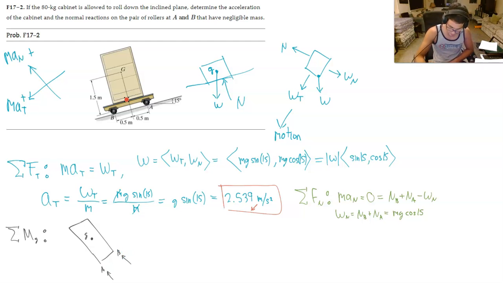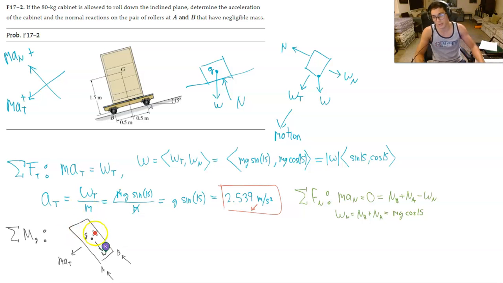And at point G, it's accelerating in this way, so this is MAT. And then the weight, we know that it's coming straight down.